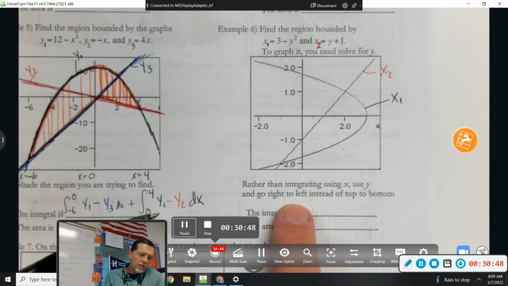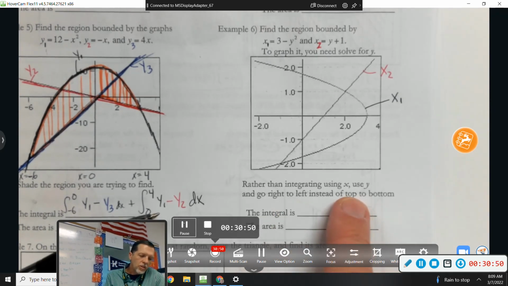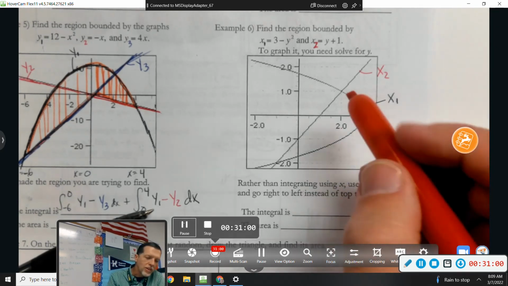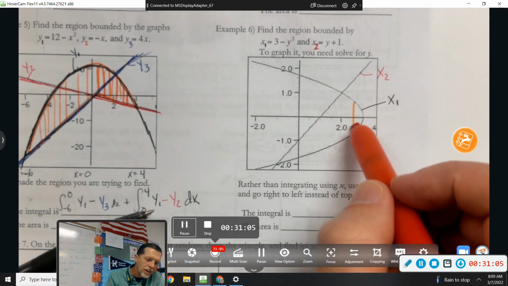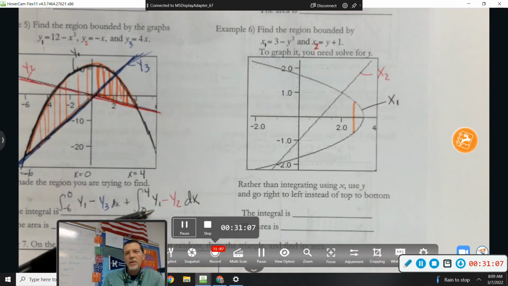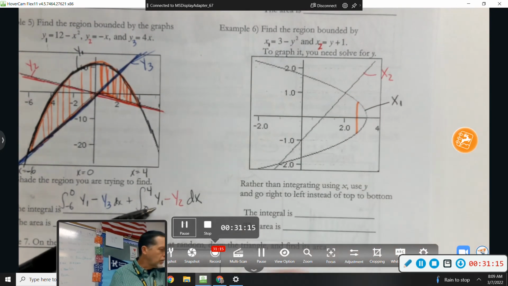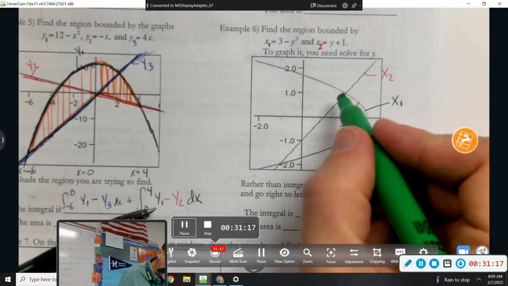Rather than integrating using x, use y, and you go right to left instead of top to bottom. If we did top minus bottom, that'd be really hard, because over here the top and the bottom would be the same curve. So that would be kind of unusual. So this is a weird one where we're going to go right minus left.